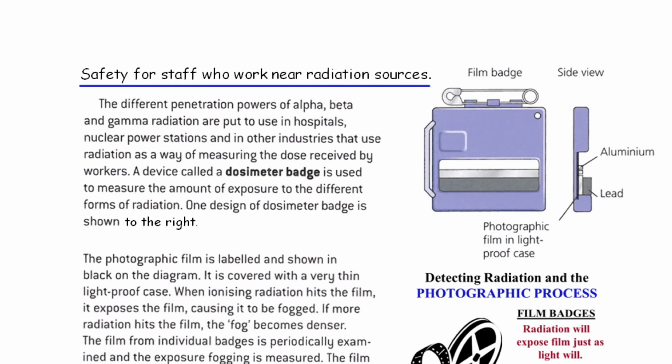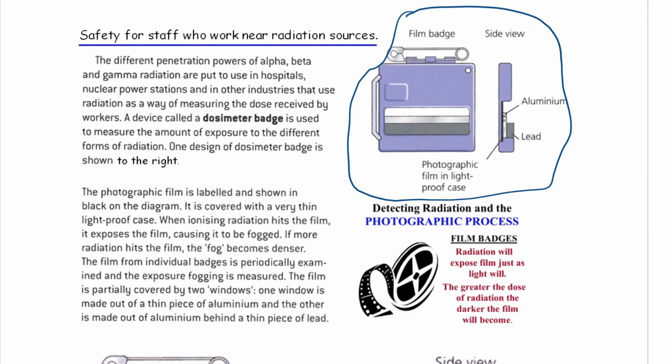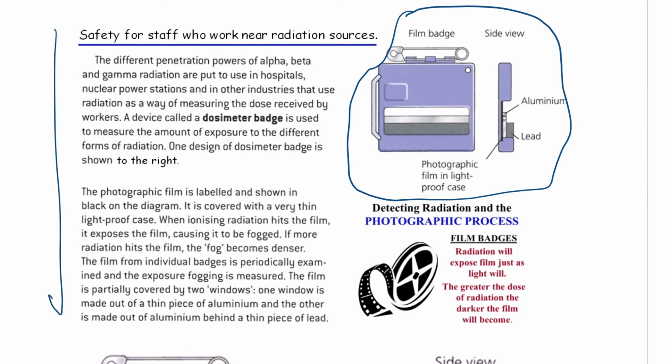What we're looking at here is a different way of monitoring exposure to radiation sources. So again, what I'd like you to do now is to read these two paragraphs, pause the video, and then press play when you've completed reading those two paragraphs.